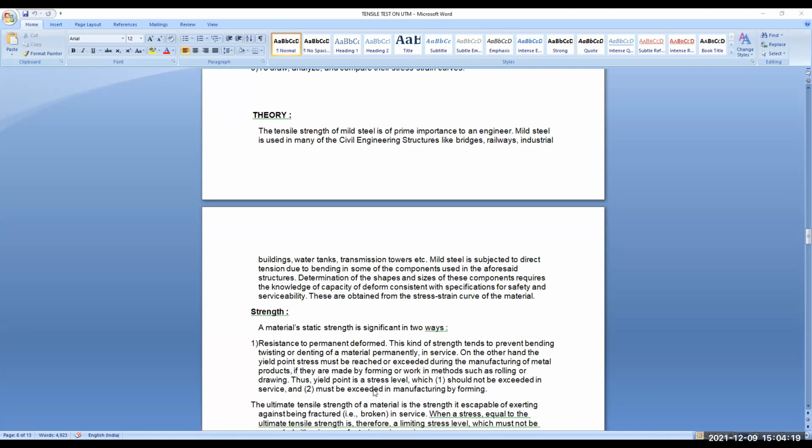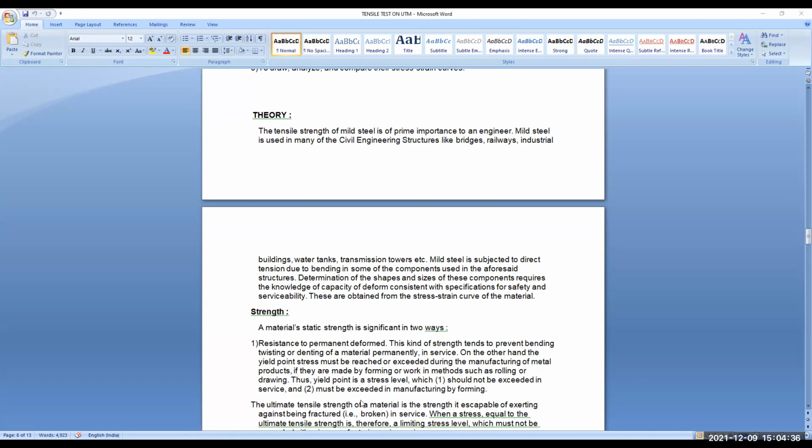So, there are two points: one is the elastic limit, another is the yield point. For items used in structures, which should in no way be permanently deformed, they should be loaded up to the elastic limit, so that they can be restored after releasing the load.